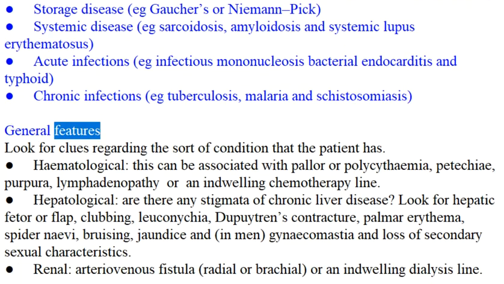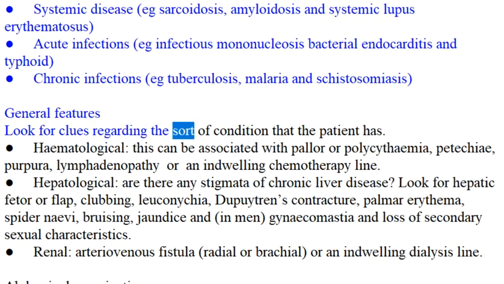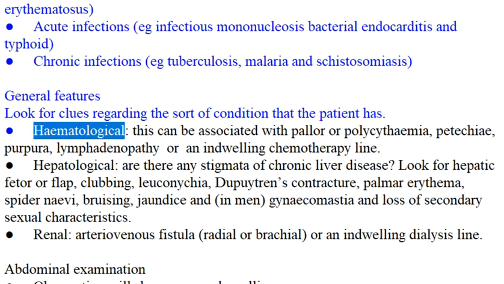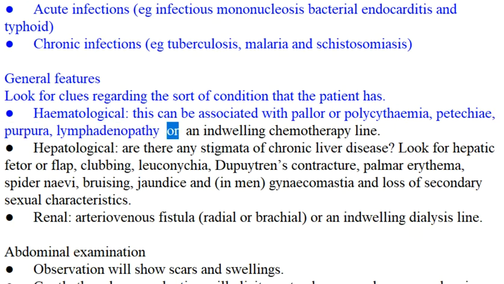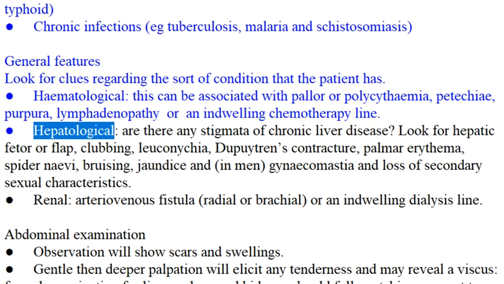General features. Look for clues regarding the sort of condition that the patient has. Hematological: this can be associated with pallor or polycythemia, petechiae, purpura, lymphadenopathy, or an indwelling chemotherapy line. Hepatological: are there any stigmata of chronic liver disease?